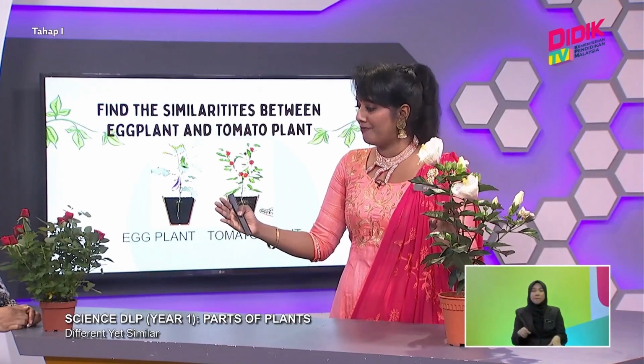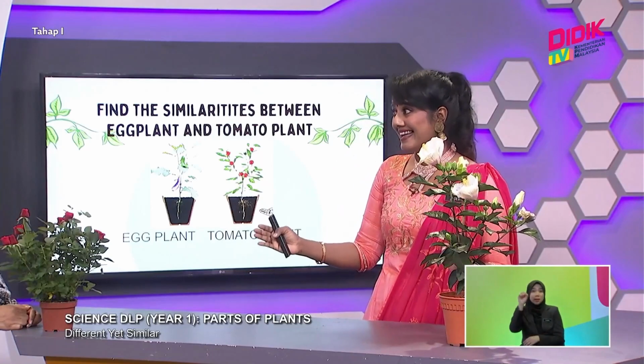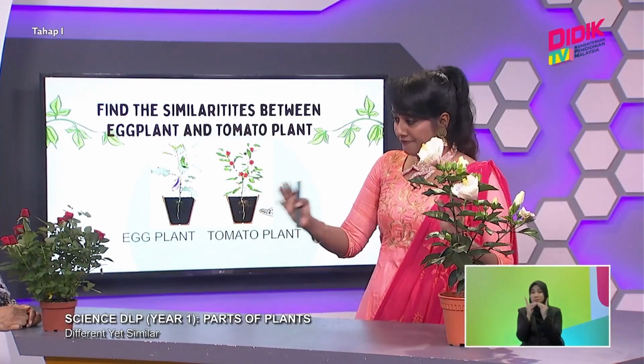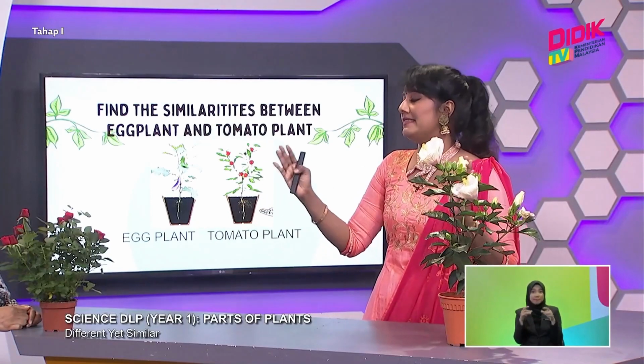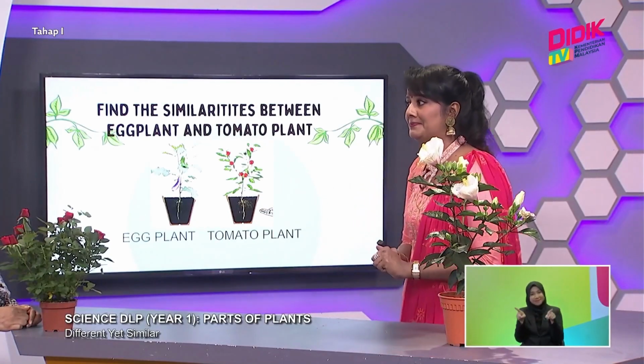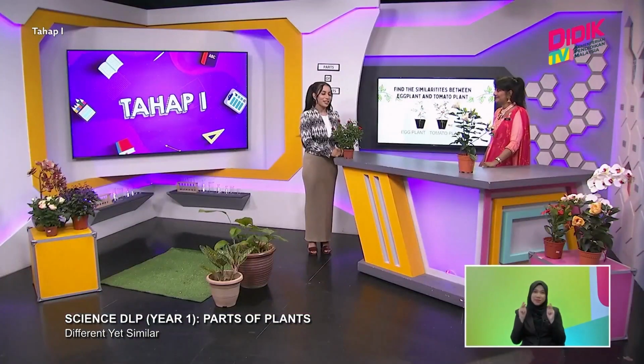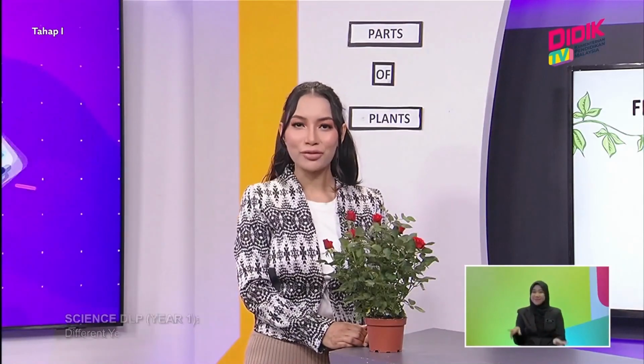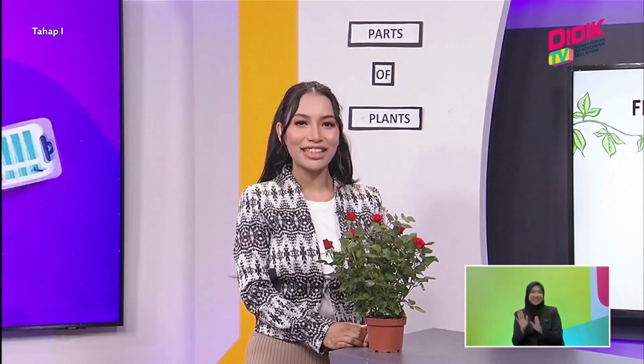And they have a woody stem. So we can find some plants that are different in type, but there are similarities among those plants. Good points there. There's a lot I learned in this segment, but we have more to come with teacher Devi. So don't go anywhere. We'll be going for a short break only on Didik TV KPM.